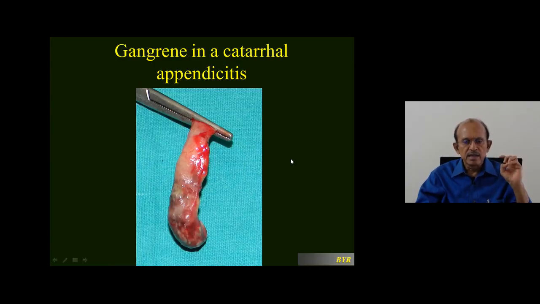If the appendicitis is not tackled early, it can lead to gangrene. You can see gangrene starting at the tip. Already I told you why early gangrene occurs at the tip: the appendicular artery is there in the wall. Whenever the wall becomes turgid and stretched, the vessel will be thrombosed, producing these gangrenous patches here.